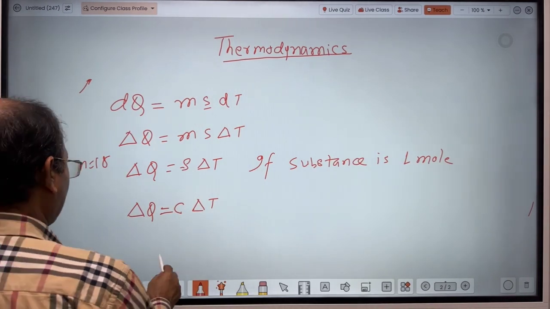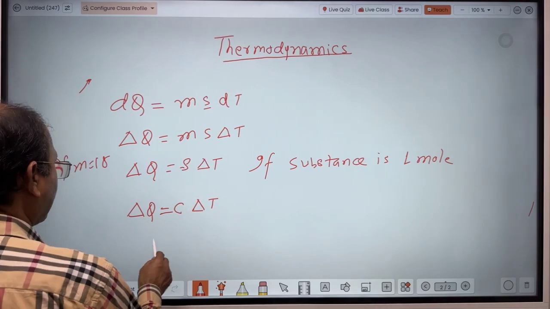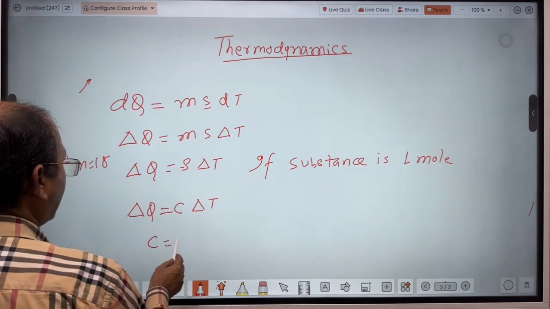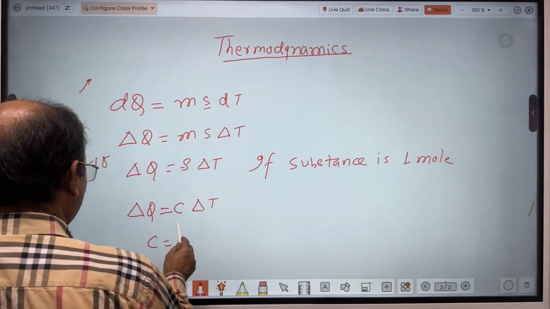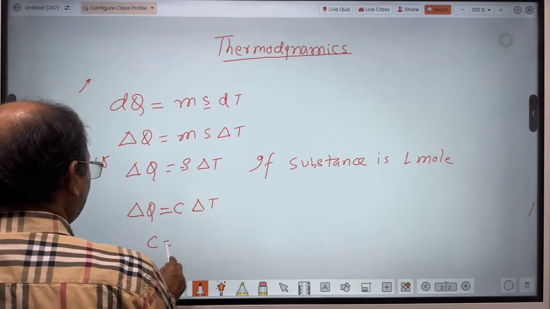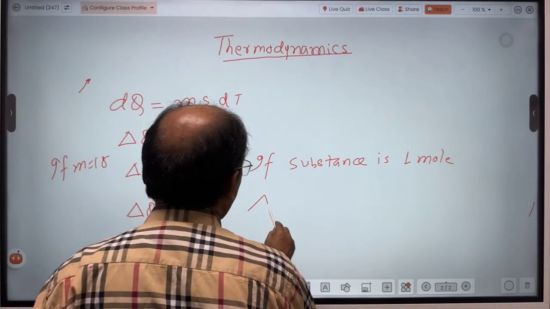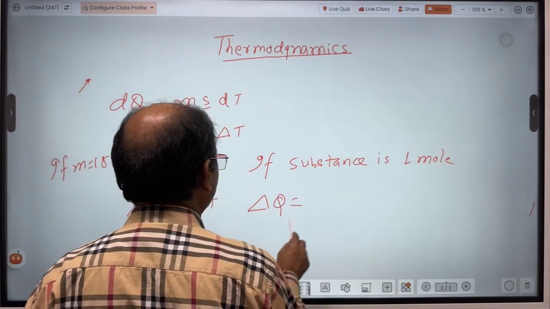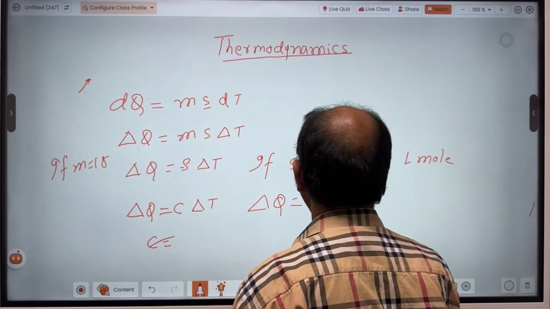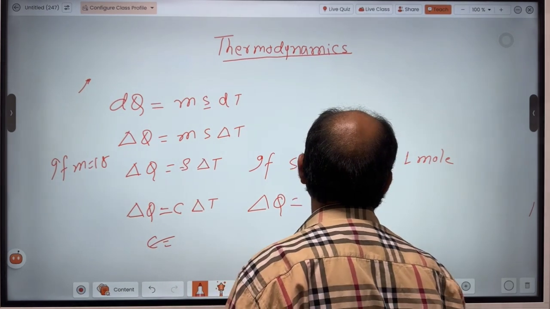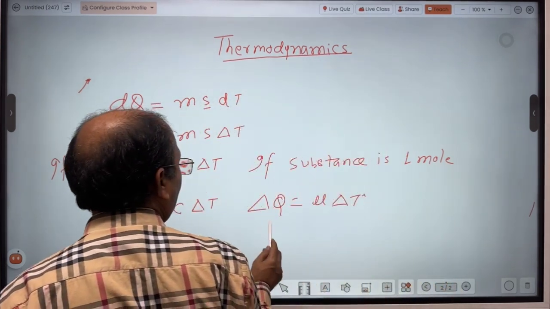So in that case our relation will become C equal to, here we can write as mu. So for this delta Q equal to, we take mu times delta T, right? Mass is 1 mole.